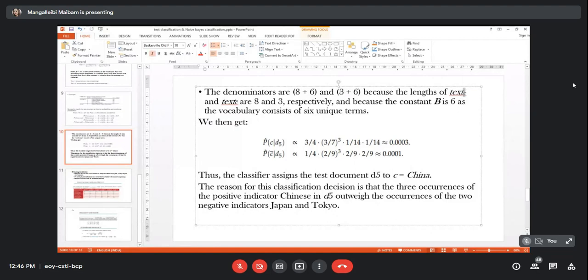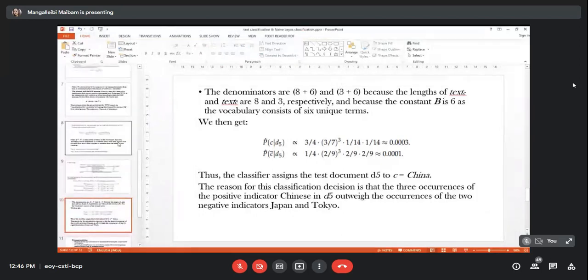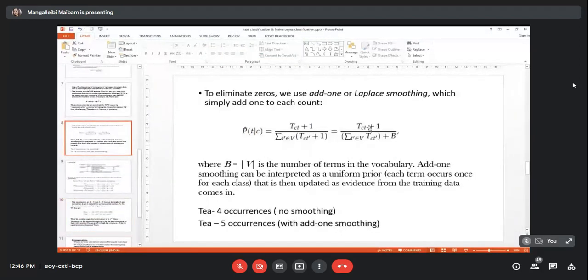C stands for the China class, and C bar is for the not China class. They are 8 and 3 respectively. And the constant B is 6, as the vocabulary consists of 6 unique terms. So this is B. That means we are using this formula, which is for add-one smoothing.